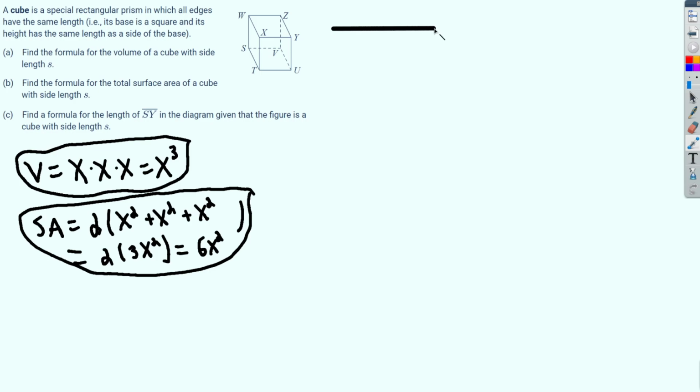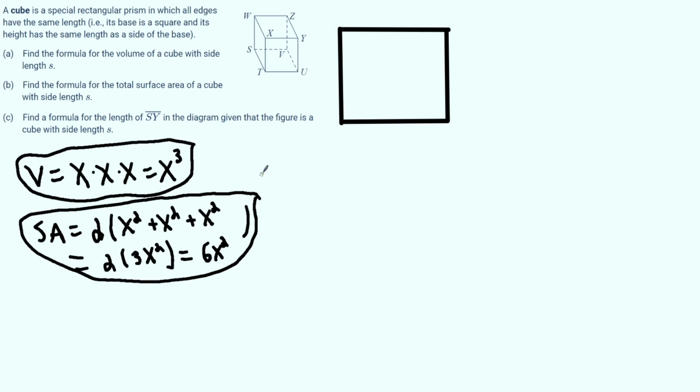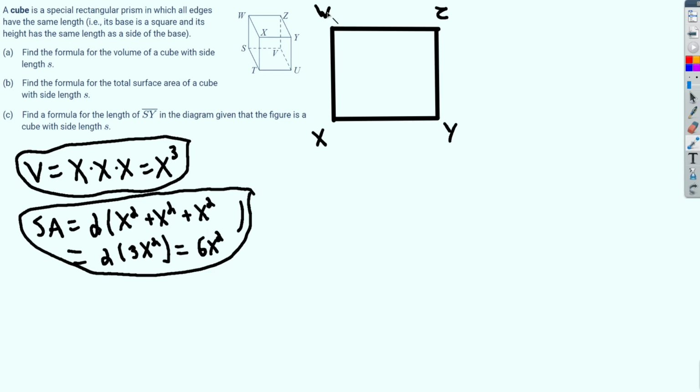How I initially found that was by creating a rectangle, or in this case a square, and found the length of the diagonal of that top base. So W, Z, Y, X. And I want to find the diagonal from W to Y.